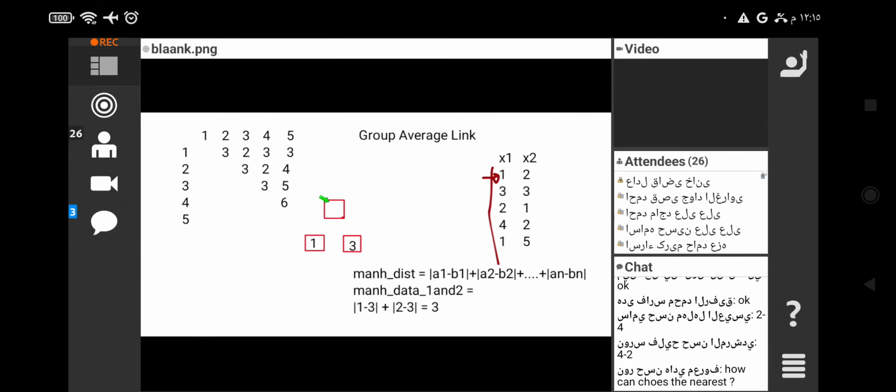We name it 6. This is the new cluster. How can we choose the nearest? The nearest is the lowest distance. As you see, the lowest distance is 2.